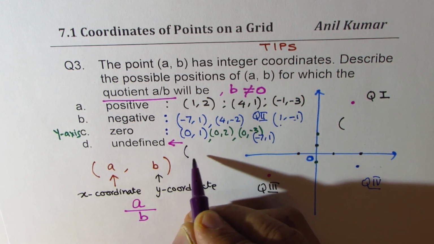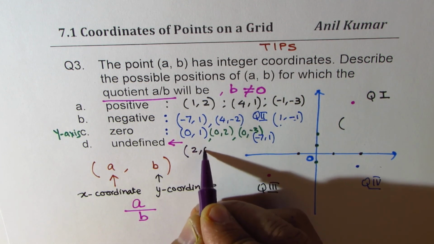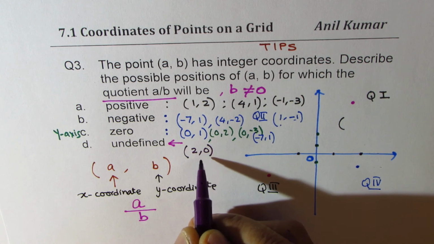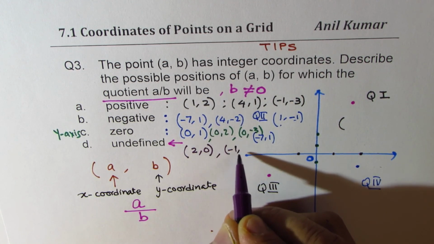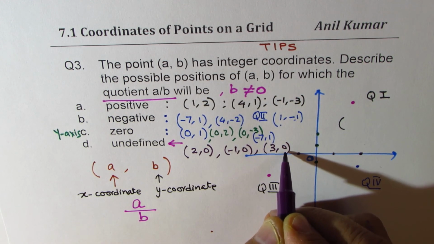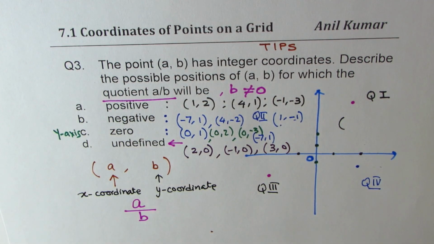The x value will be something, let's say 2, but the y value will be 0. So if I divide 2 by 0, I get an undefined number, right? It could be negative also. We could write (-1, 0), or we could write (3, 0). But the y value should be 0 to get the quotient as undefined. You get an idea, correct?